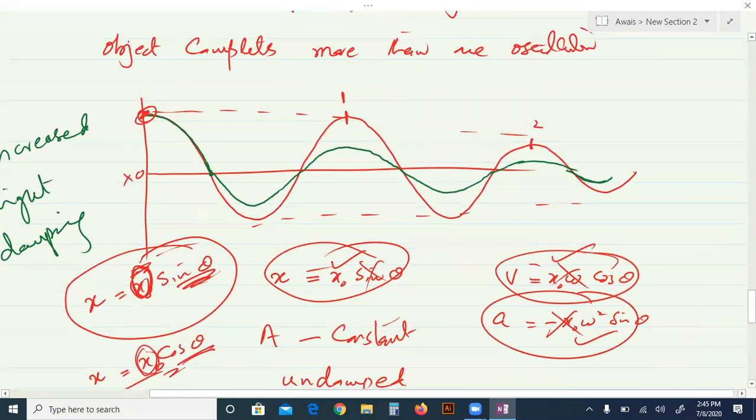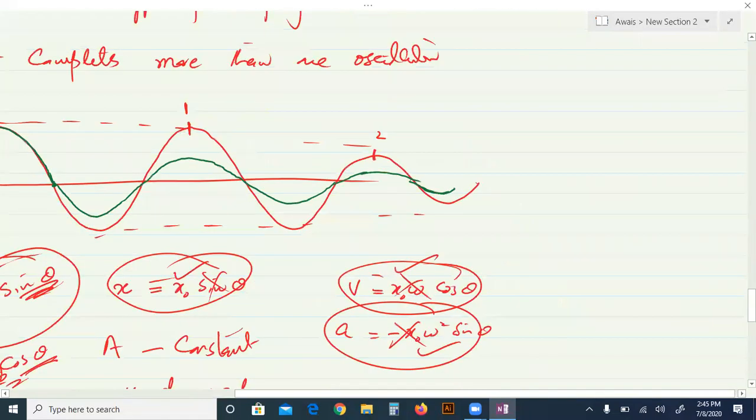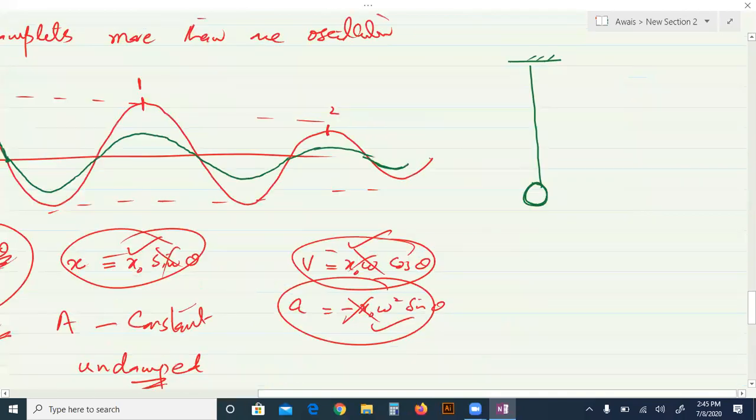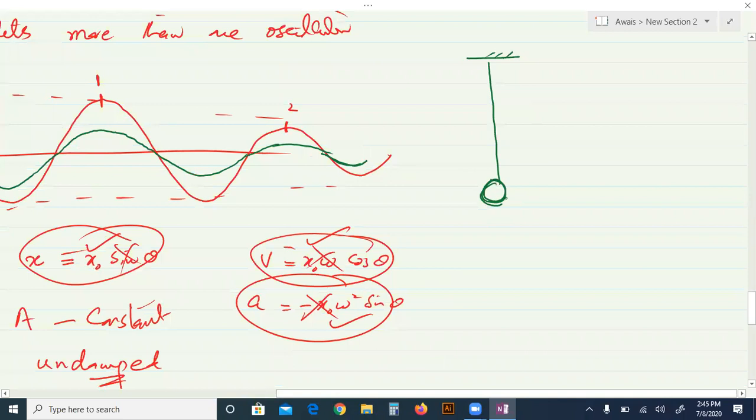Now, if the object is oscillating, this is the pendulum. How can we achieve this increased light damping? Increase the surface area of the bob, keep the mass constant, make it flat. इसको बेटा press कर दें, इसको flat कर दें. So when the surface area increases, mass remains the same, length remains the same, no change in the pendulum.